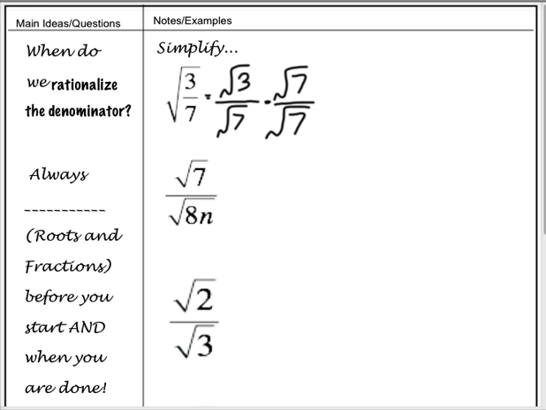The reason that I do that is now on top, square root of 3 times the square root of 7, since both are inside the radical, those combine to 21. Now remember, a radical times itself, the square root of 7 times the square root of 7, ends up giving you back the number inside.